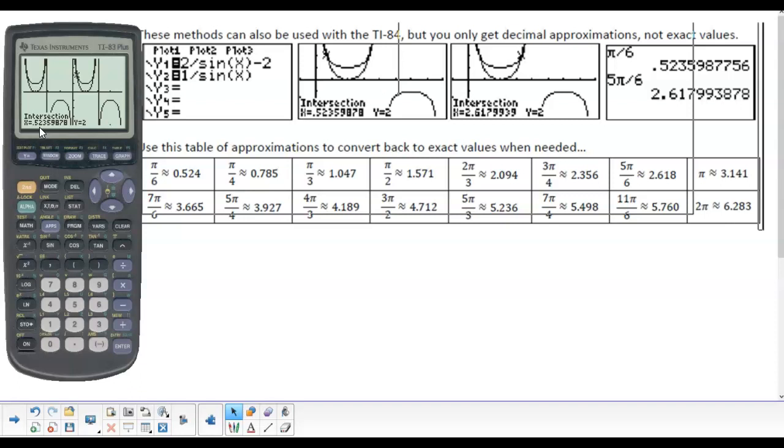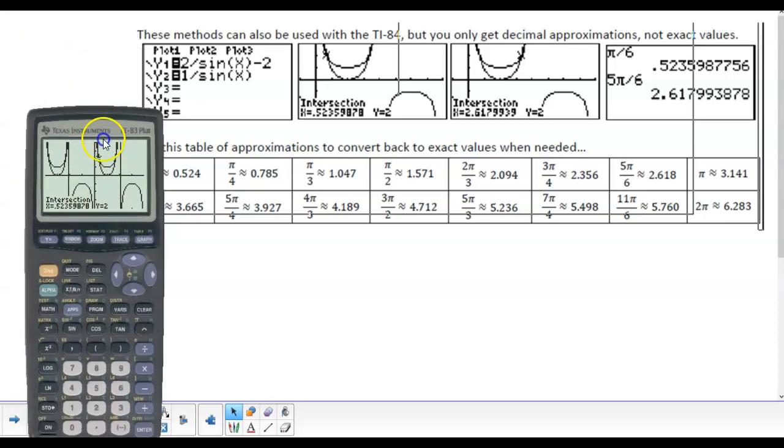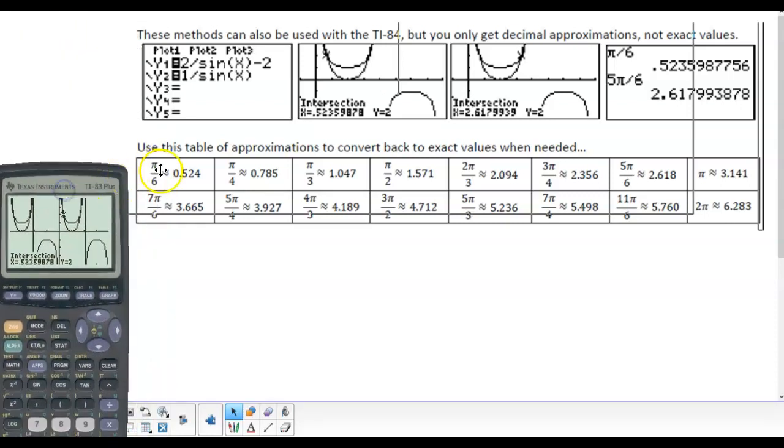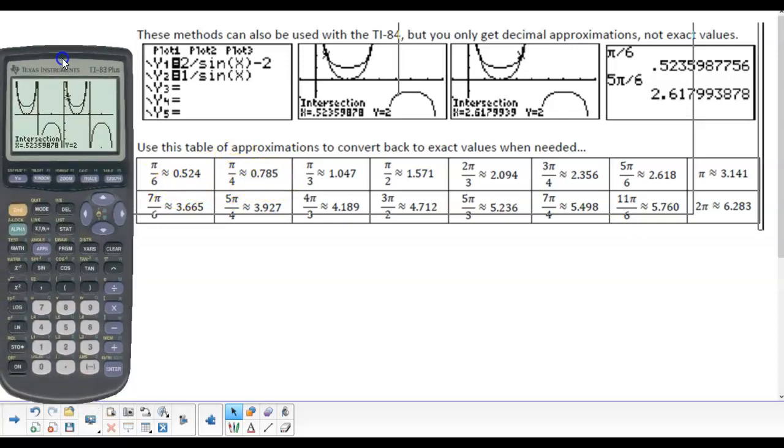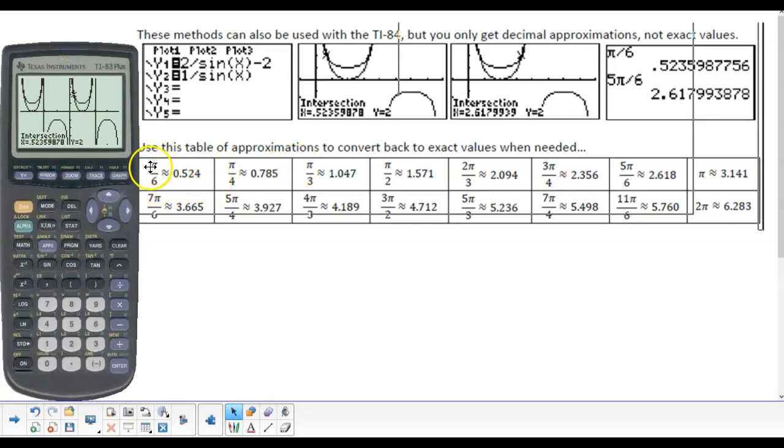So you would need to look at this table here that I provided, where you can see that pi over 6 is approximately 0.524, pi over 4, 0.785. We can look at that table and see that pi over 6 is the closest to this value that I have popped up here.